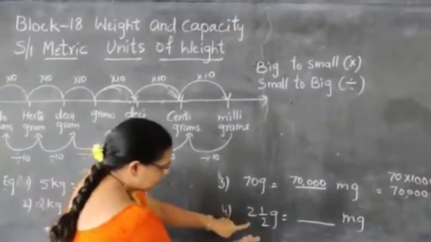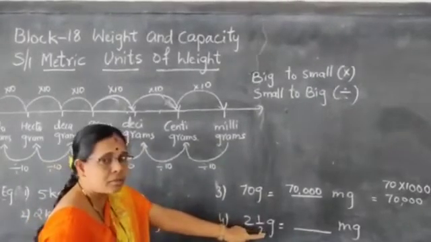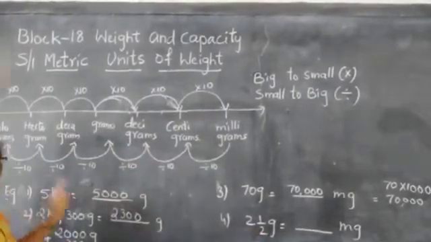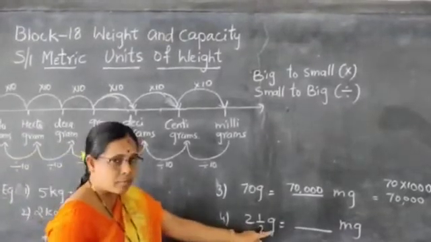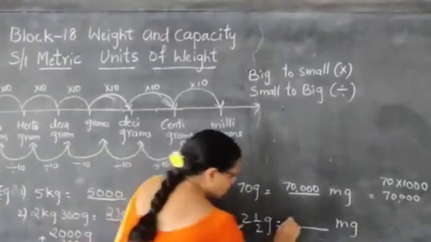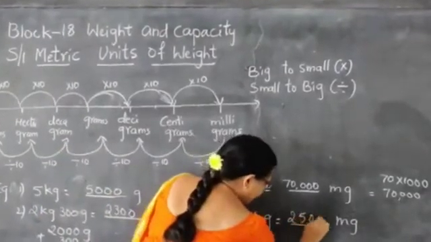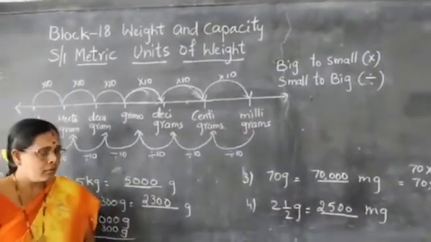Now 2000 plus half gram. Half gram means how much? Here we know, children, half kg is equal to 500 grams. So 2.5 grams means 2000 plus 500, so 2500 milligrams. Okay. I hope you understood.